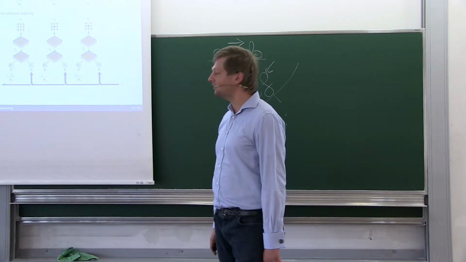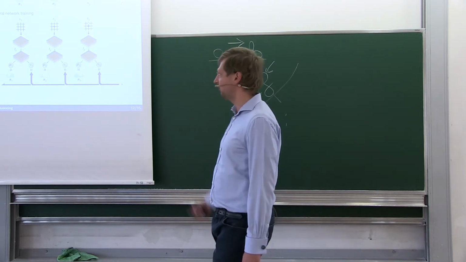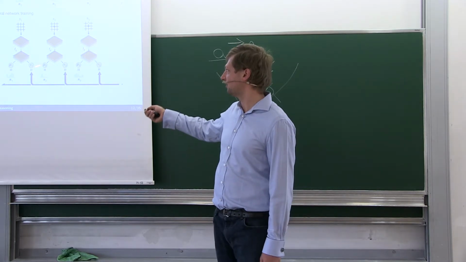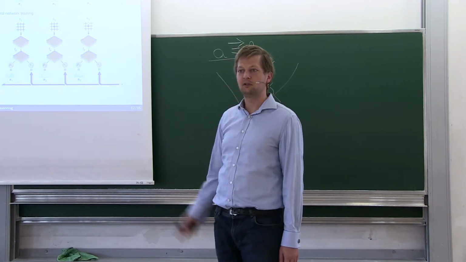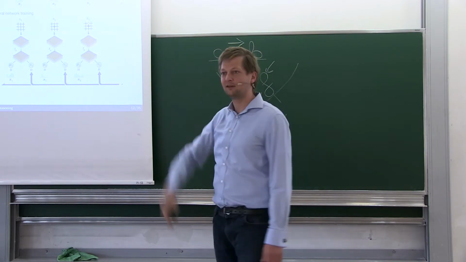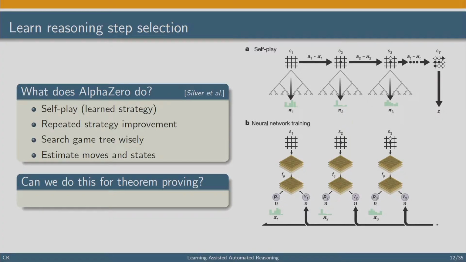Well, I think the main issue is that in a game, we typically have a finite number of moves. In Go, there are roughly 20 by 20 moves, whereas for theorem proving, we have our set of clauses that grows, and this growth is uncontrolled.